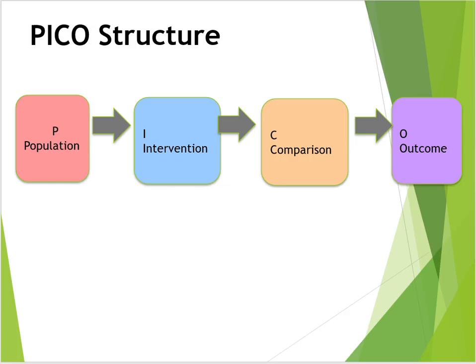Usually when we are doing research in a particular field, the first thing you need to know is your population. What questions do you have about a particular population that you want to study? Secondly, what do you want to do as part of your research? That becomes your intervention.